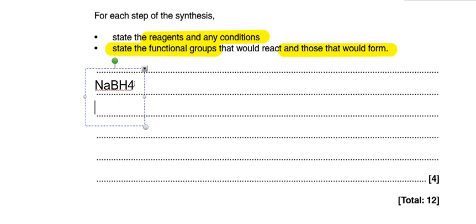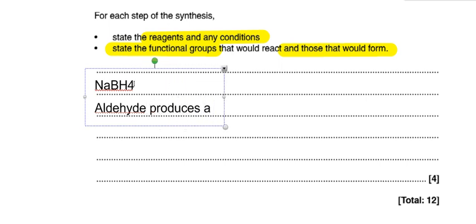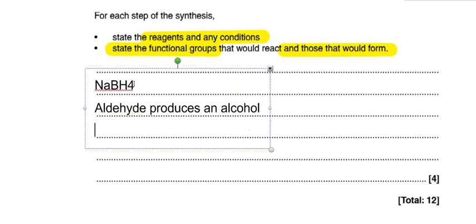I've said already what I need to put in. I've got aldehyde produces alcohol. That's my first reaction. I now have an alcohol, so I'm going to be doing an esterification.